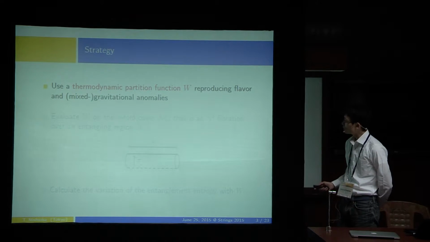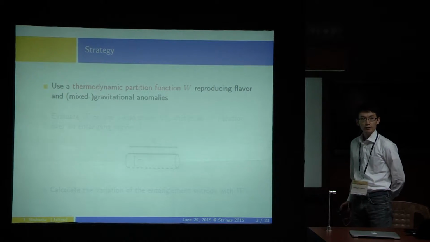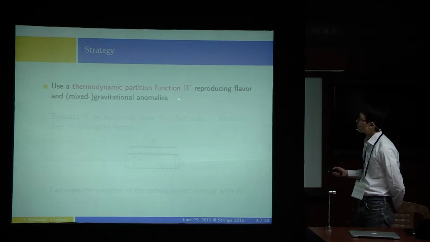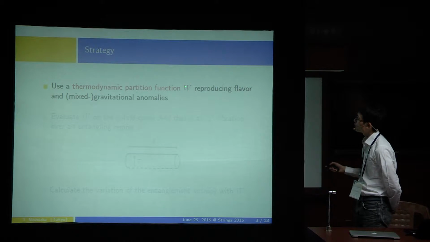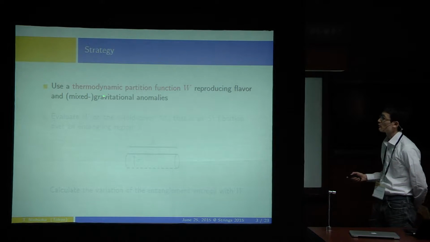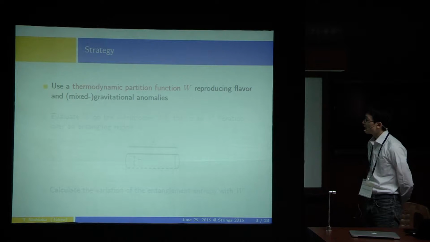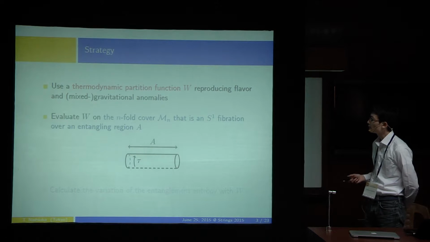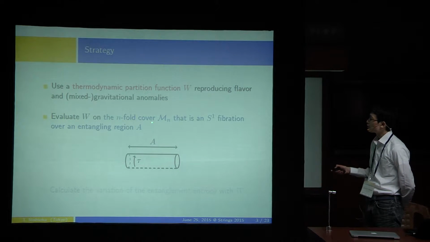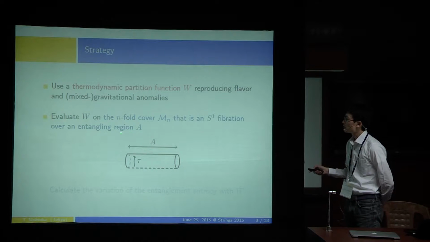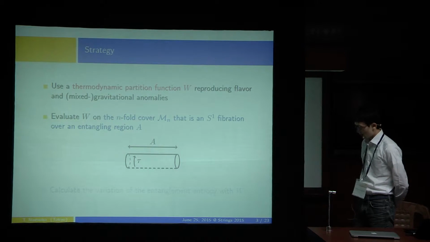Let me show you the strategy I will take. I will basically use a so-called thermodynamic Prussian function, which I will denote W. This function reproduces flavor and mixed gravitational anomalies. I will use a replica trick, which I will introduce later. The replica trick gives us the N-fold cover, which is an S1 fibration of an entangling region, which we are interested in.